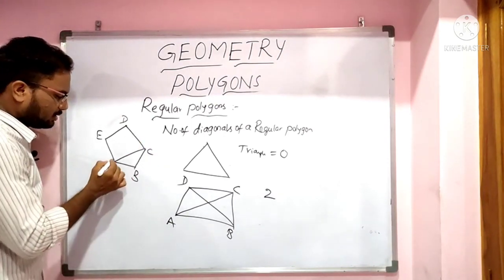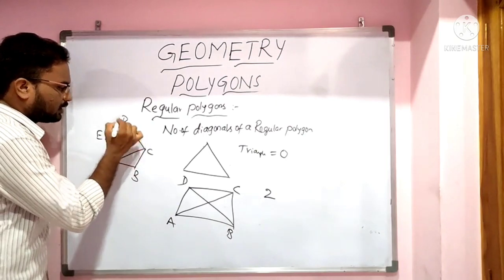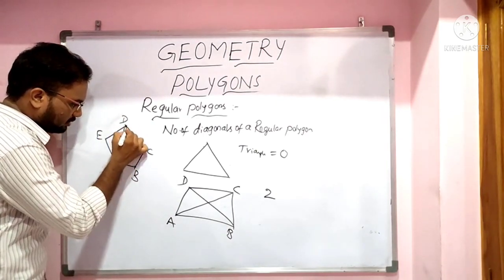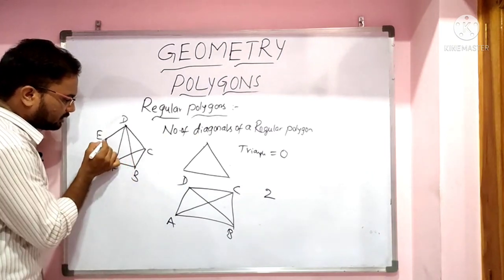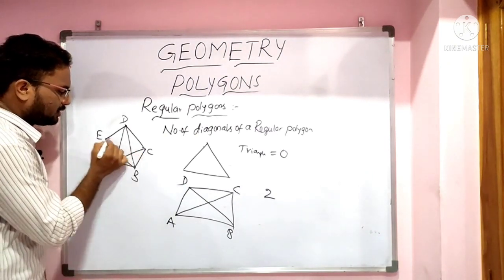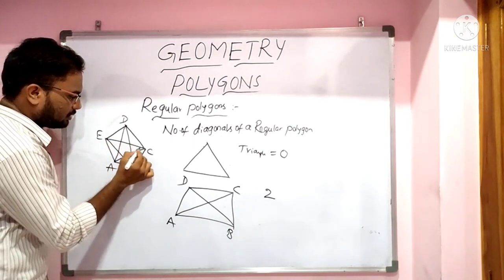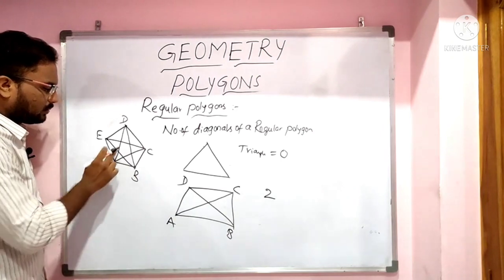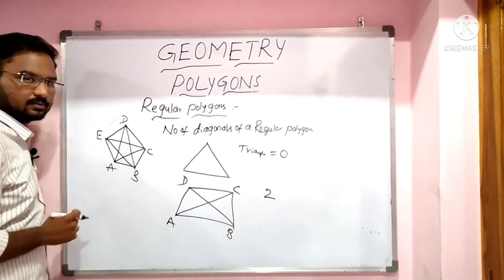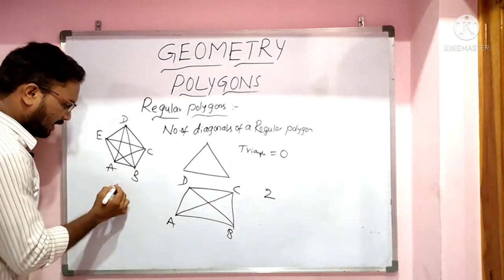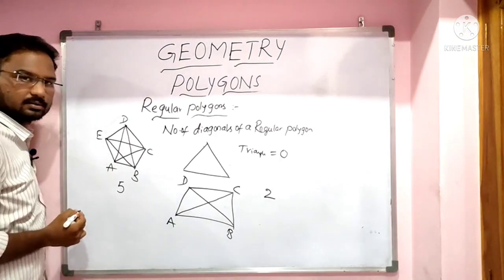So this is one diagonal and this is another diagonal, 2, and from this point this is one diagonal and this is another diagonal, 4. Next, from this point this is one diagonal, total 5 diagonals. So for a pentagon we have 5 diagonals.